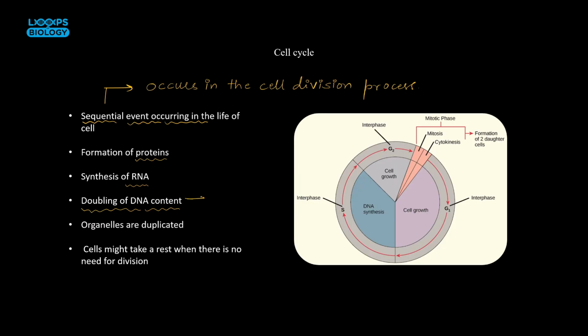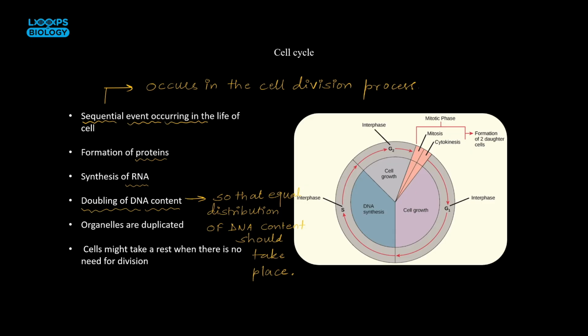So that equal distribution of DNA content can take place. Whenever I am forming two cells from a single cell, whatever DNA content was there in the single cell has to divide equally between the two cells, and there should not be any partiality in the DNA content.